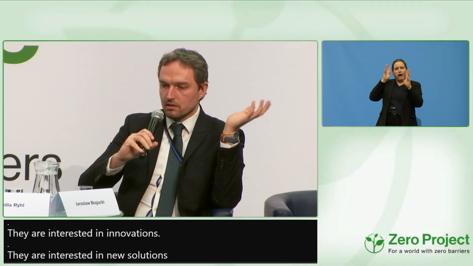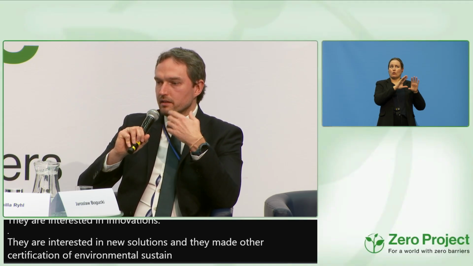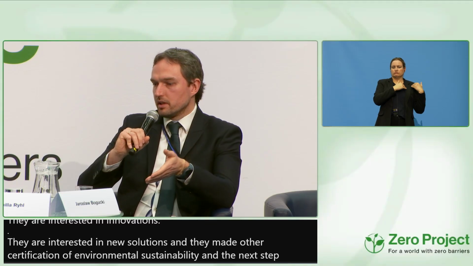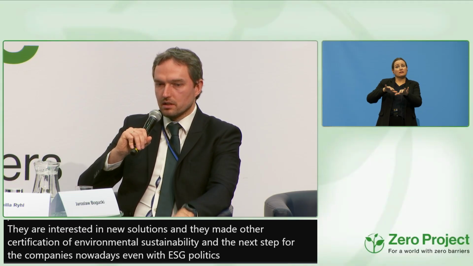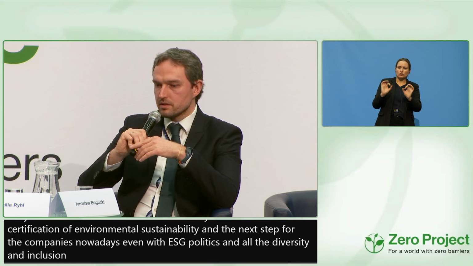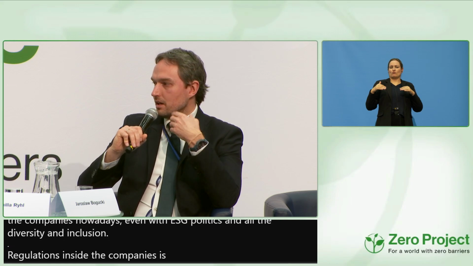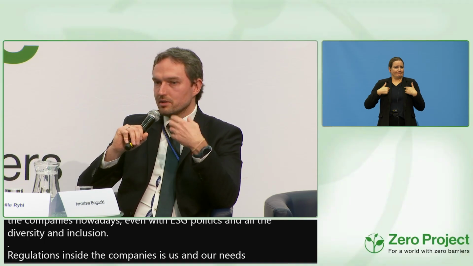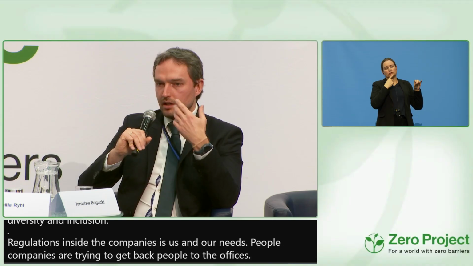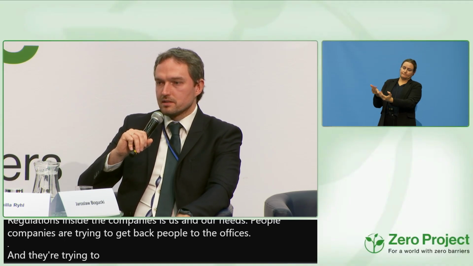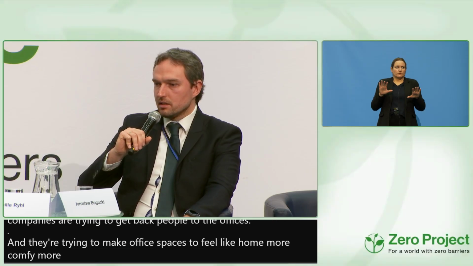They have made other certifications of environmental sustainability, and the next step for companies nowadays, even with ESG politics and all the diversity and inclusion regulations inside the companies, is us and our needs. Companies are trying to get people back to the offices, and they're trying to make office spaces feel like home, more comfy, more sustainable.